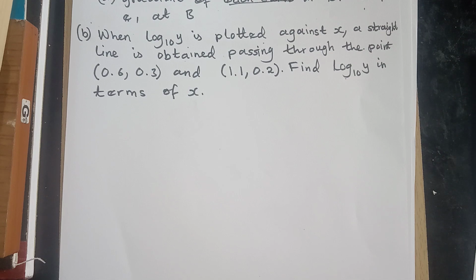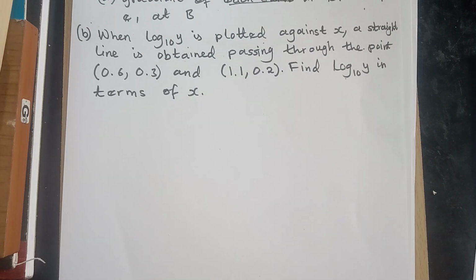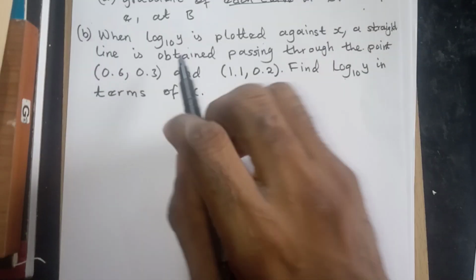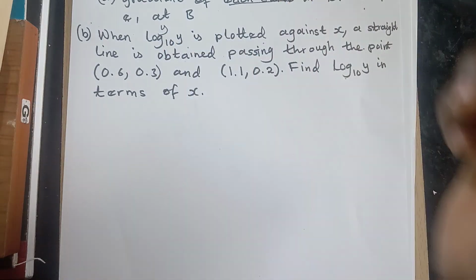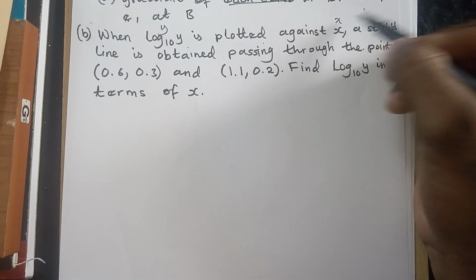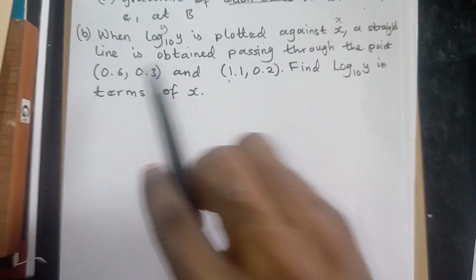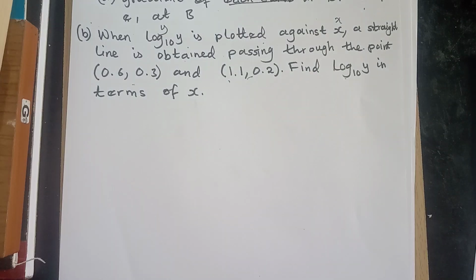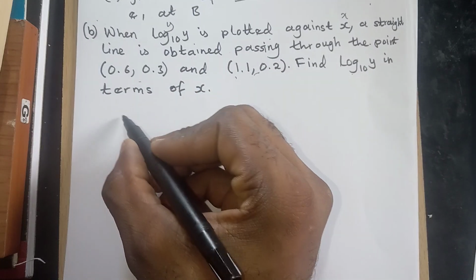Find log 10 of y in terms of x. In this case, this is technically just a y, and this is still an x. So all you have to do is find the equation passing through these points, and then replace your y with that.